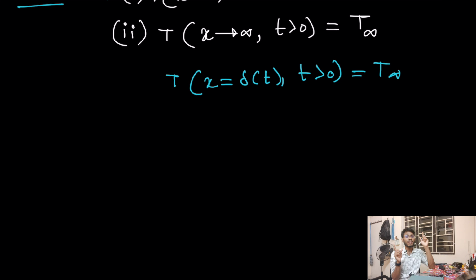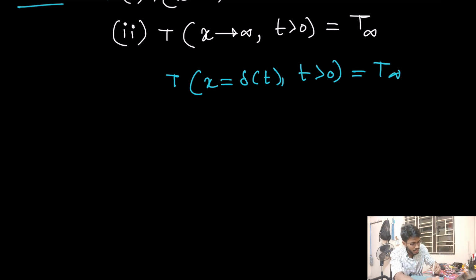That means we cannot say that this is the thickness at which the velocity is equal to free stream velocity. The same thing is happening here. We cannot say that this is a finite distance from the start of the slab at which the ambient temperature exists. Ideally and mathematically, it will reach T infinity at x tends to infinity.